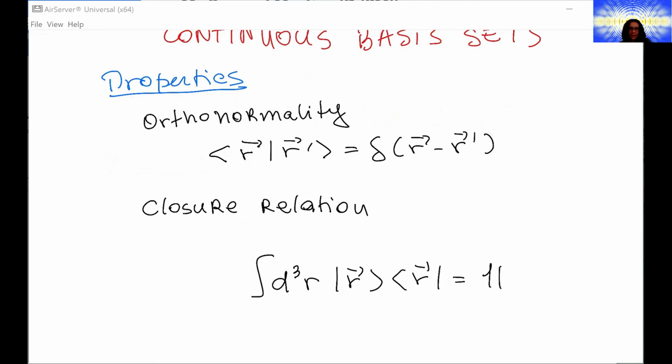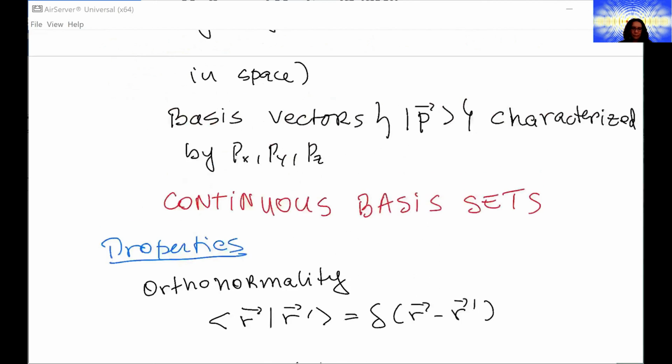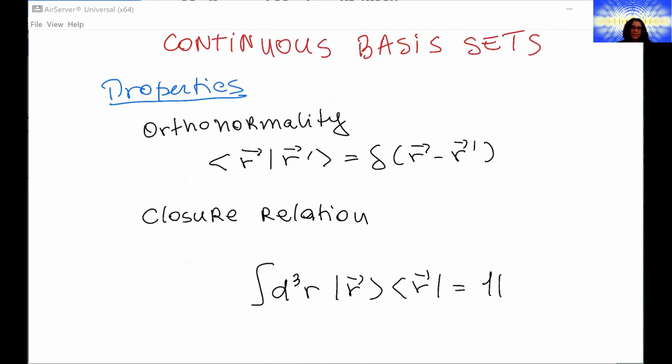And we're going to use this to compute operators in this basis, to represent our state vectors in this basis, etc., etc., etc. And now, these properties were concerning the r basis.